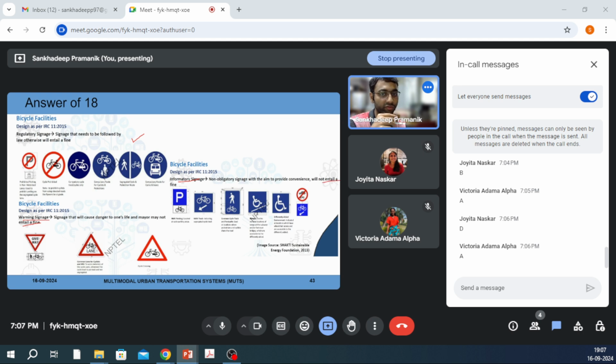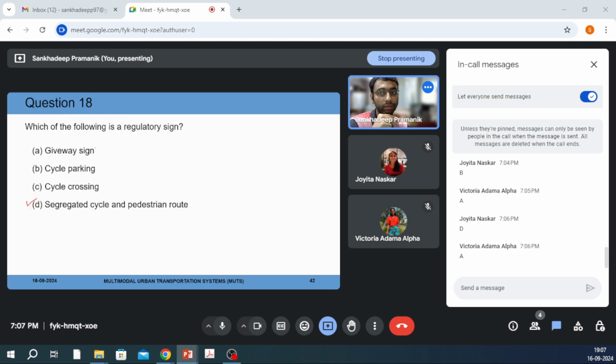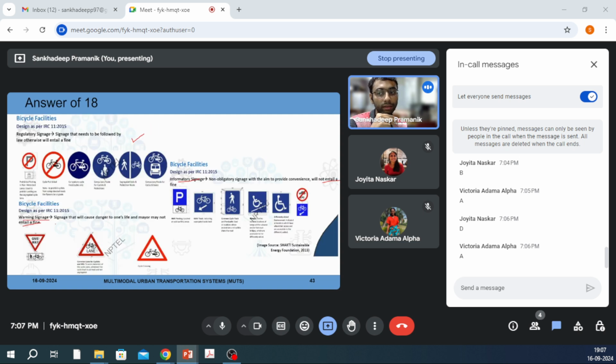In this case, the giveaway sign is basically a sign to give way to other vehicles, maybe the vehicles from the major road. So this kind of sign is a warning sign.